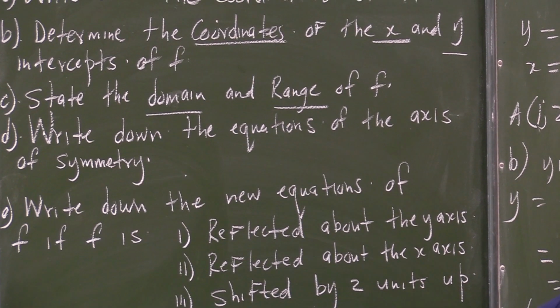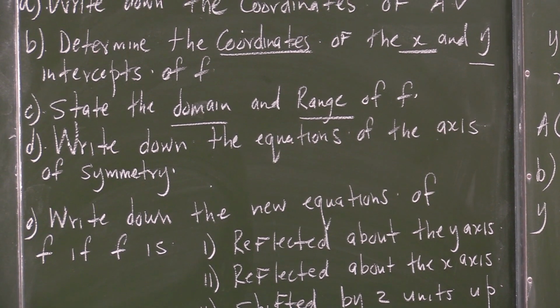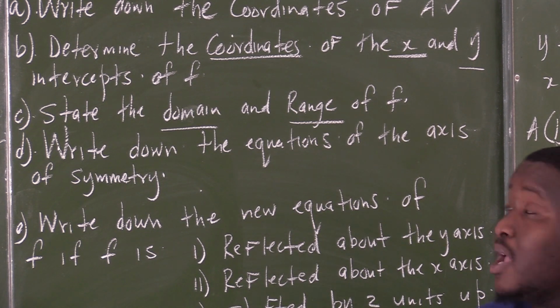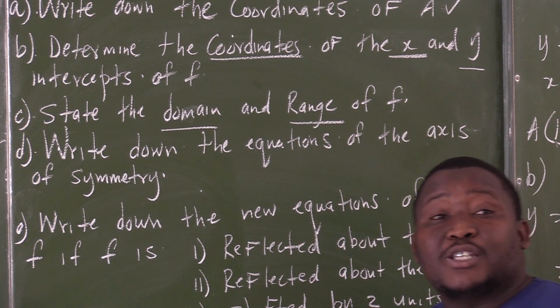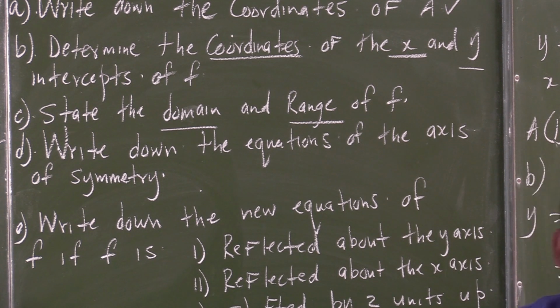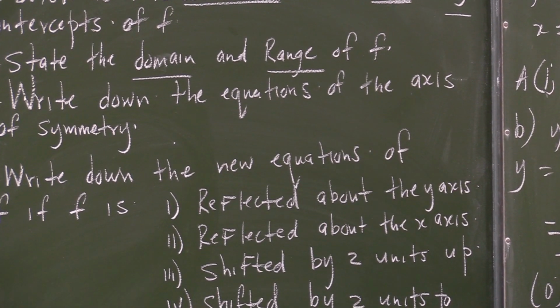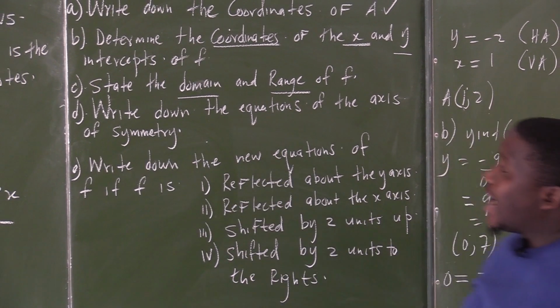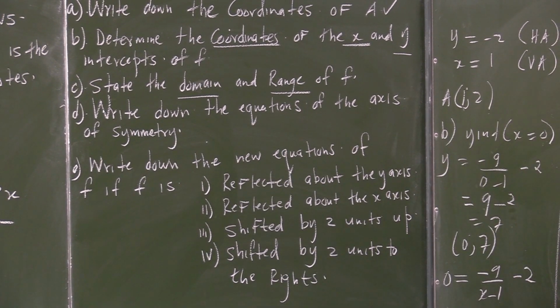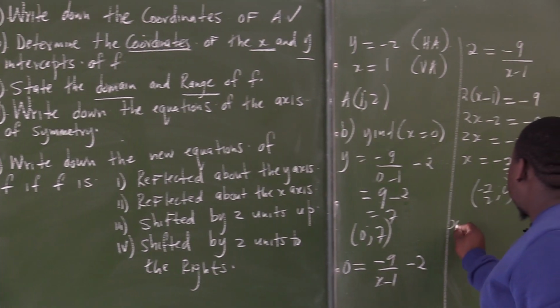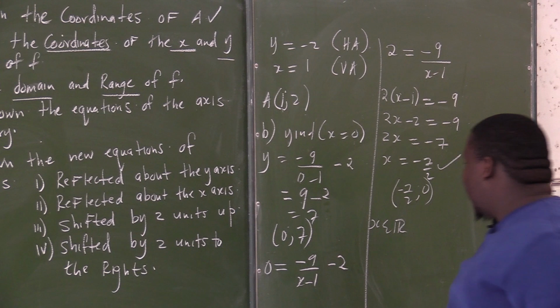Remember, what is the domain? A domain is a set of all values of x for which your graph is defined. What is the range? A range is a set of all values of y for which your graph is defined. If I am looking at this equation and I am to find the domain of a hyperbola, you are going to say x is an element of real numbers, right?